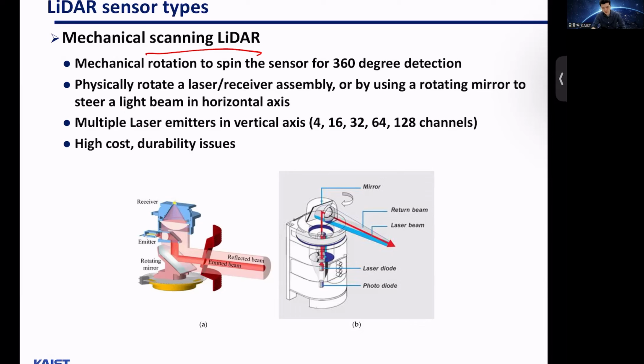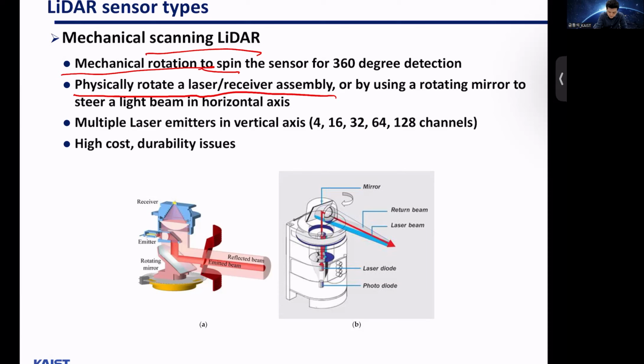The nice feature of this scanning type LiDAR is that you get a full 360 field of view using one LiDAR. But then of course, there are other limitations. It requires a mechanical rotation device, such as a motor, and it needs to physically rotate the laser and receiver assembly.